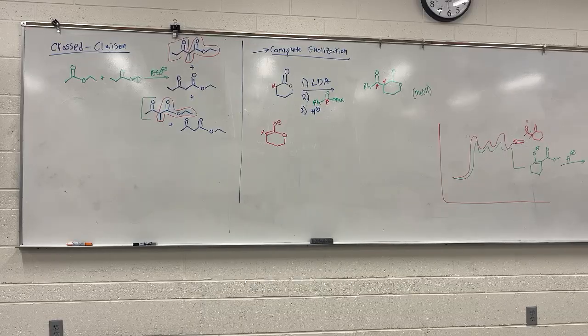The double bond broke. Good, perfect. Now, this is not the same geometry that I drew it in before, but this single bond has freedom of rotation, so it can rotate all the way around.